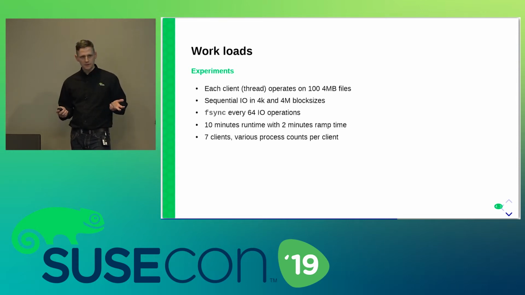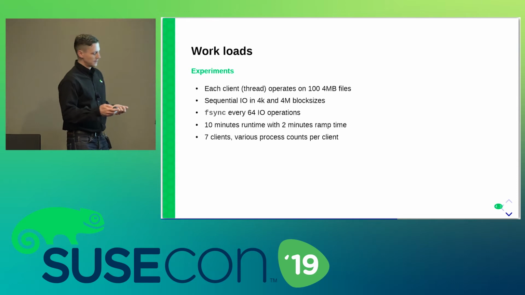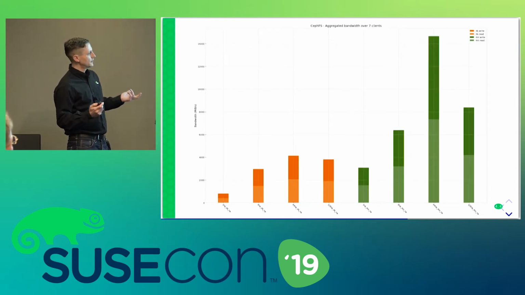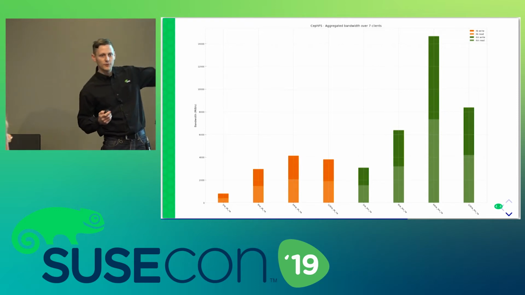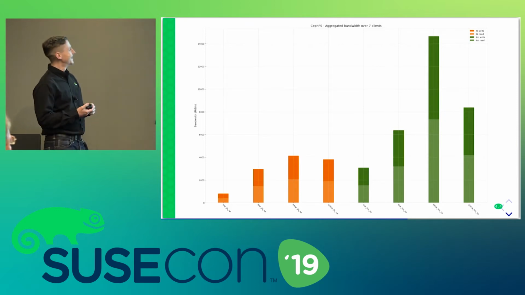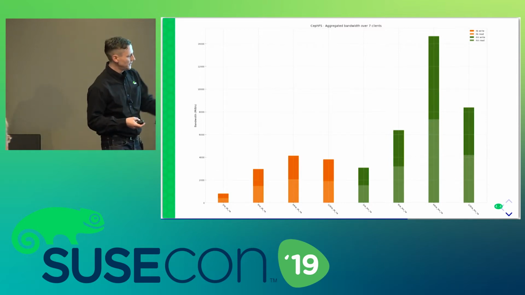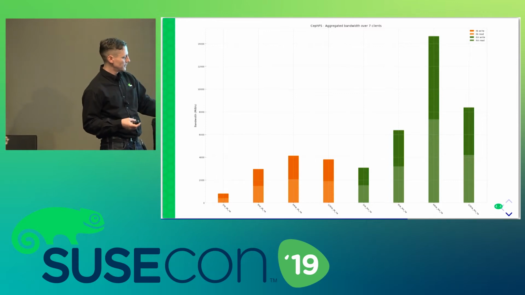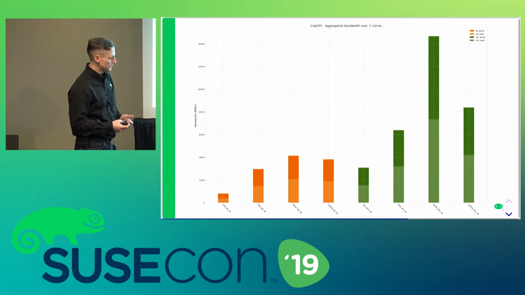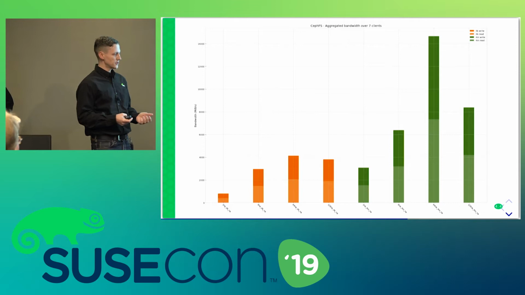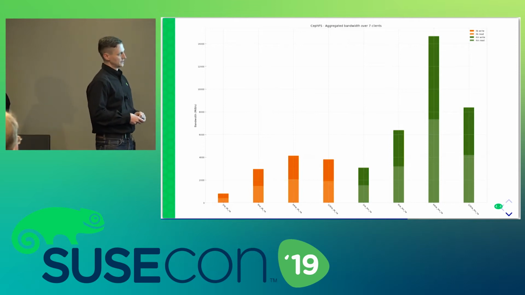All right, so far pretty obvious, right? Okay, first graph. The obvious one I want to point out is that really tall one at the far end. That should be just under 15 gigabytes per second. The workload we were running was 4 megabyte sequential I/O from 64 processes per client.